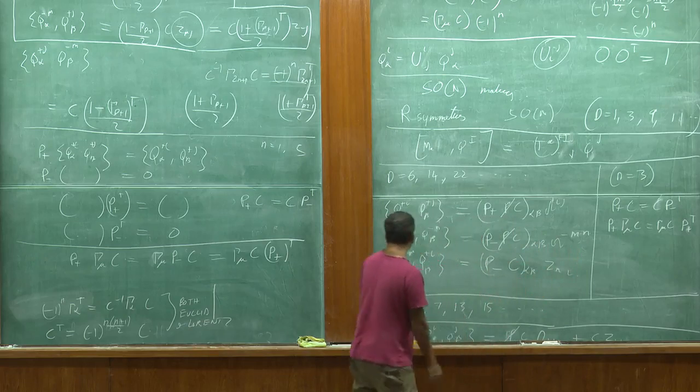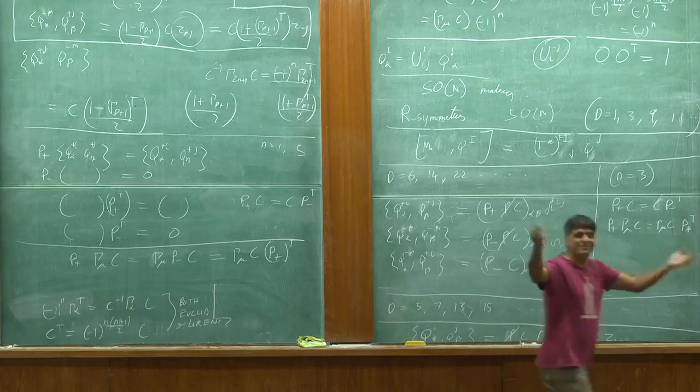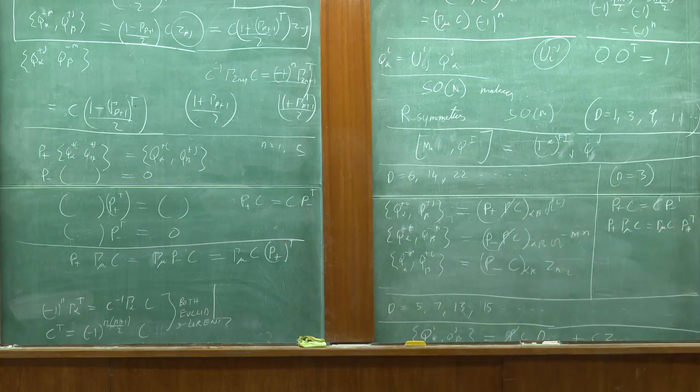That is also consistent because this was antichiral and this was chiral. Just the same thing as before. All it used was that n was odd, which continues to be true. Once again, the transposition and reality, I'll leave you to check.